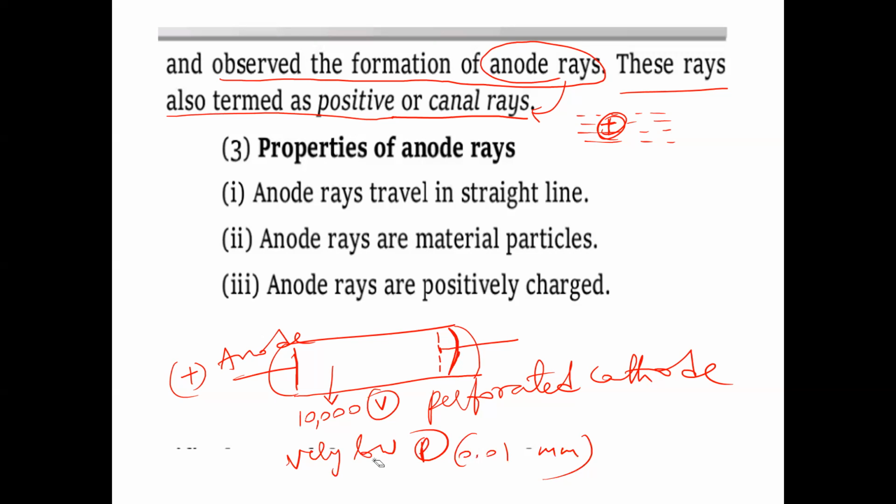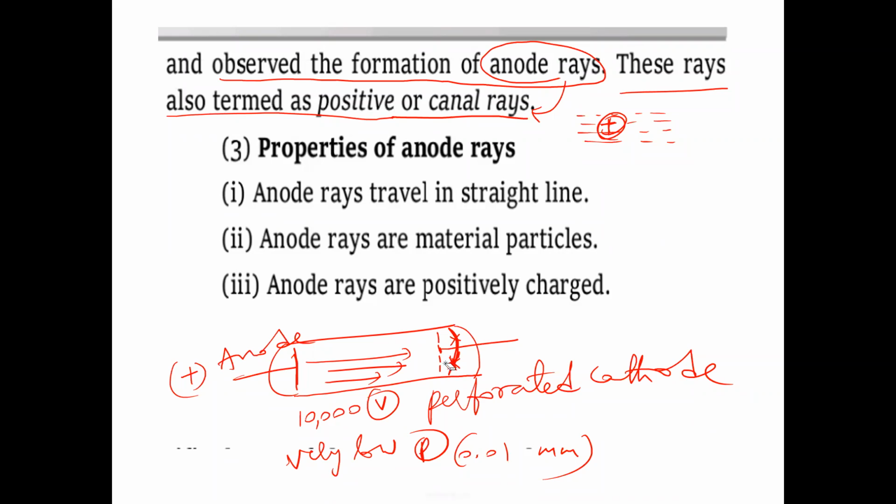Under the conditions of low pressure and high voltage, when you pass electricity, some rays come from the anode. These anode rays pass through the pores on the cathode and hit the photographic plate. When the anode rays hit the photographic plate, we can observe some scintillations.